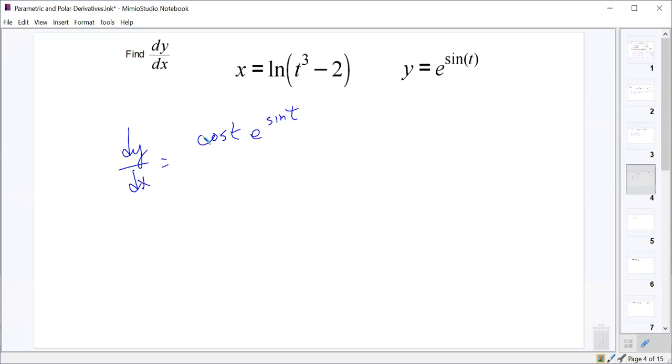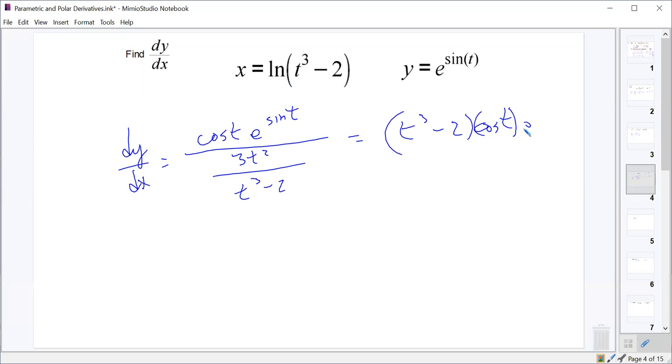And our denominator ought to be 1 over t cubed minus 2 times the derivative of t cubed minus 2, which is 3t squared. So we ought to end up with t cubed minus 2 cosine t e to the sine t all over 3t squared.